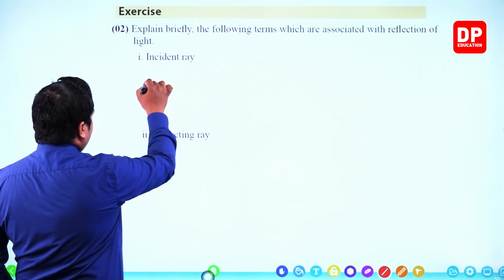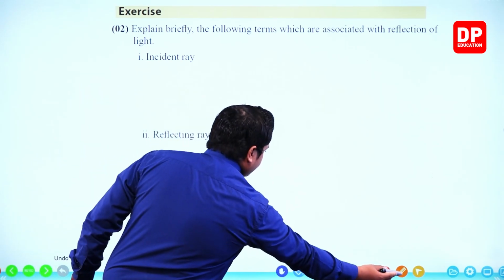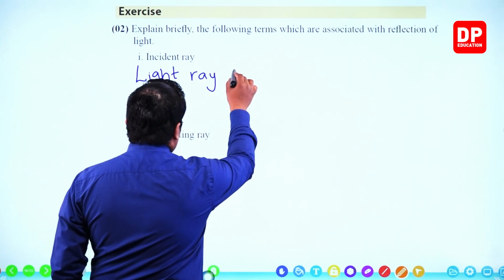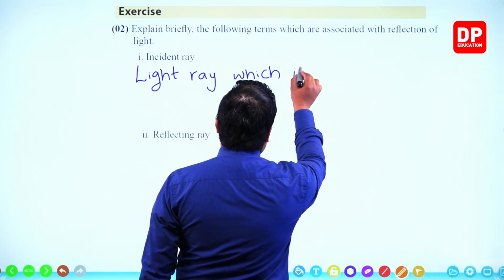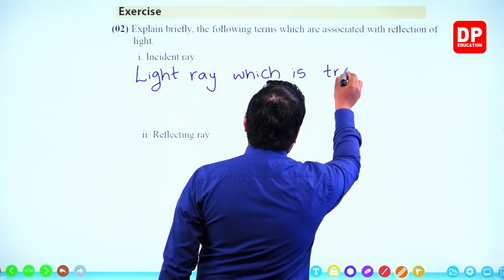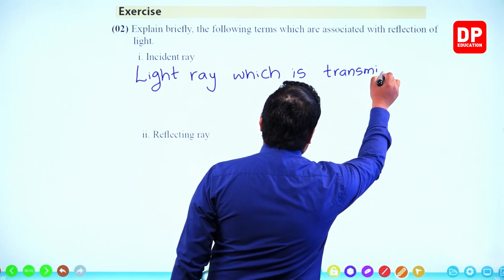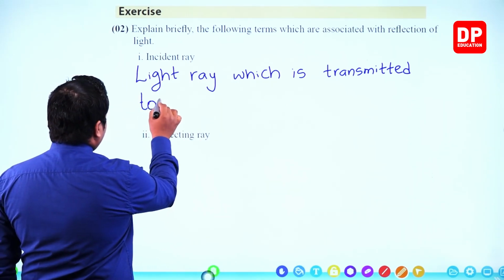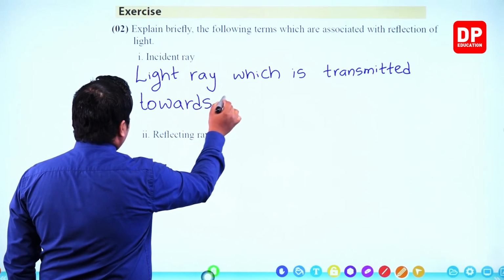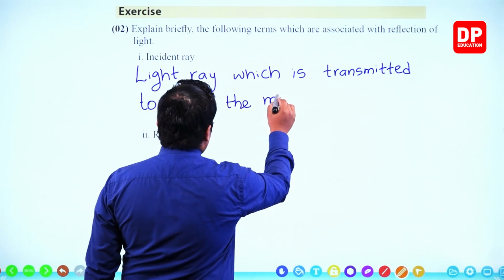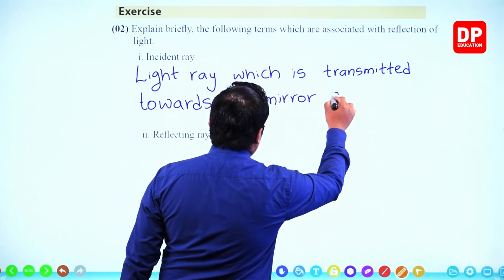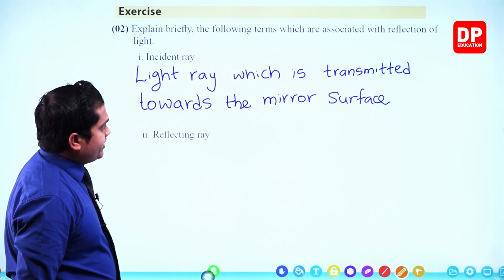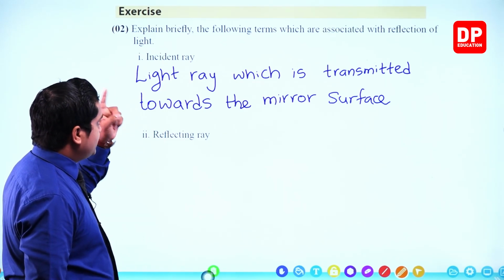Okay. So light ray which is transmitted towards the mirror surface is the incident ray.